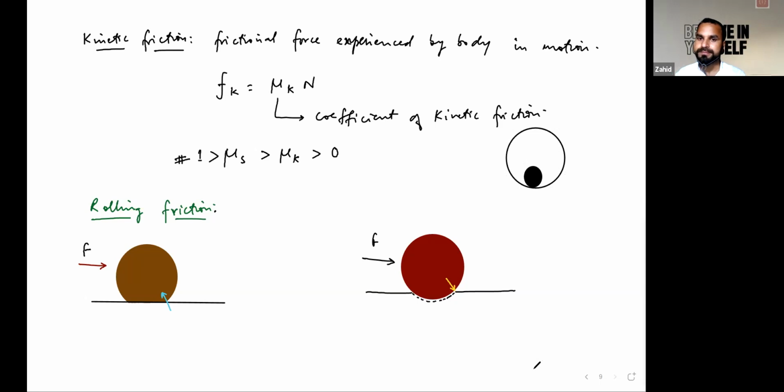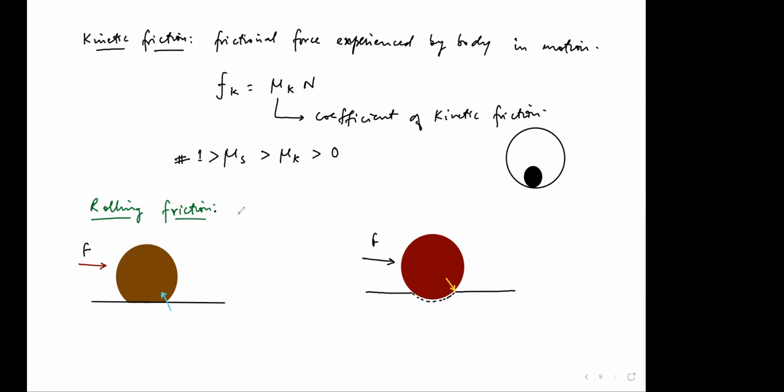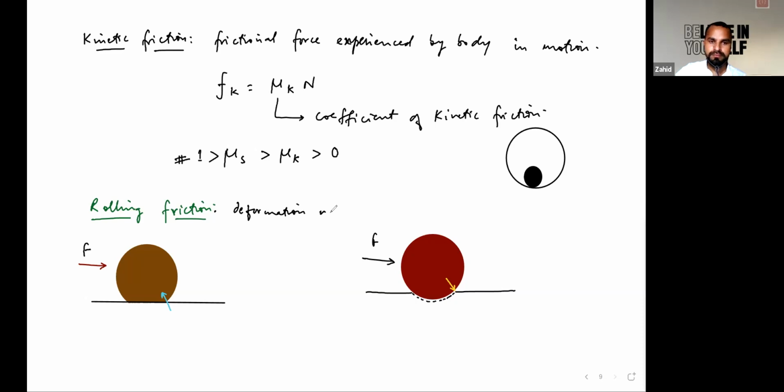Is it clear? Yes, sir. So rolling friction is basically deformation in the object or track. There is no formula regarding rolling friction, it is only a concept. Just write it down.